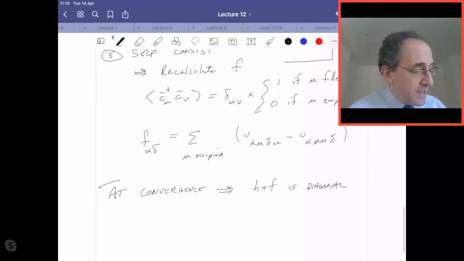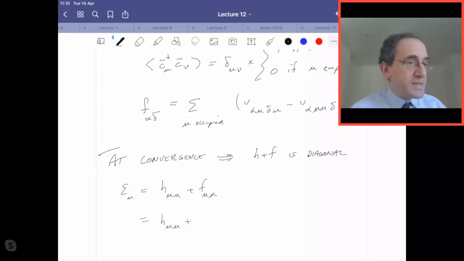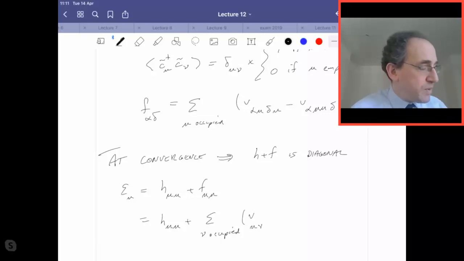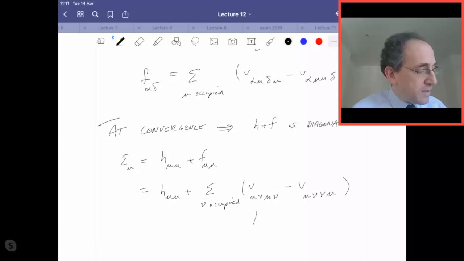In which case, the eigenvalues are just H mu mu plus F mu mu, or we can write it as h mu mu plus the sum over orbitals nu occupied of v sub mu nu mu nu minus v sub mu nu nu mu. And you'll recognize these as being Hartree and Fock terms.